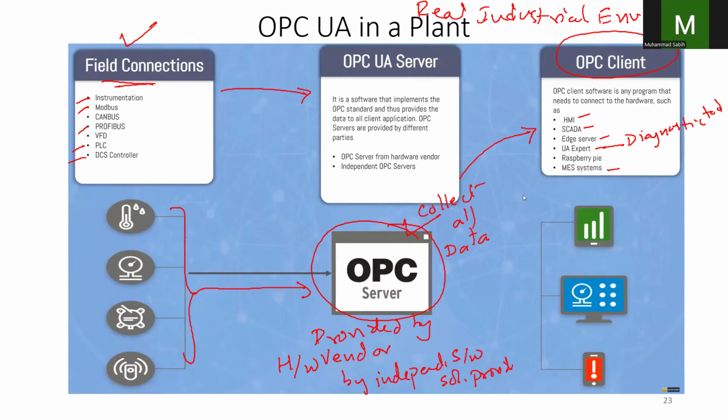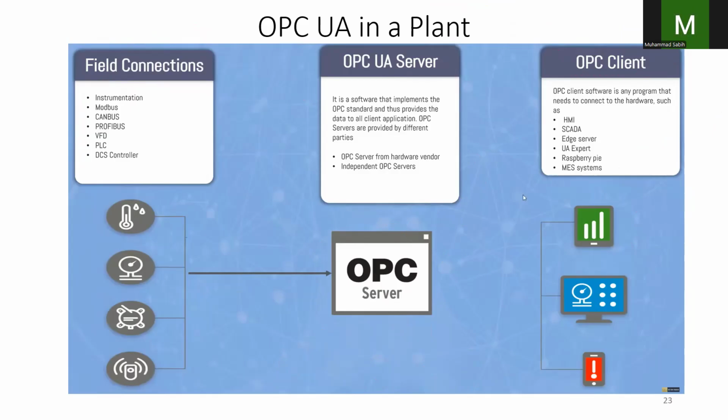These clients consume the data from the UA server for monitoring, control, and other applications.